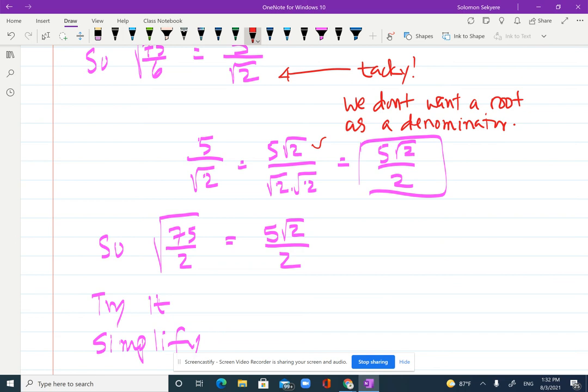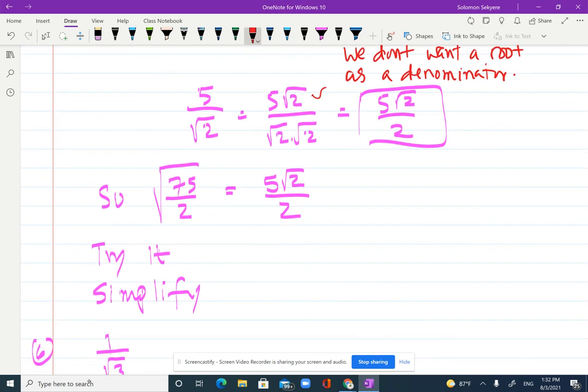It'd be 5 root 2 on top, and the bottom, root 2 times root 2, is 2. Even though you had 5 over root 2, don't leave your answer like this. Multiply the denominator by itself and do the same thing on the top, and you have 5 root 2 over 2. That is your final answer.